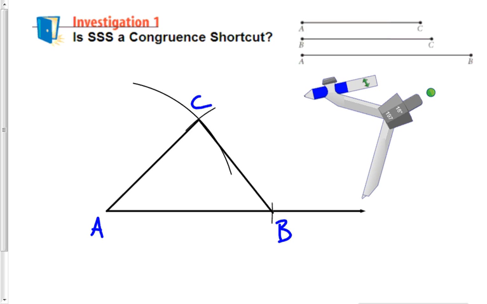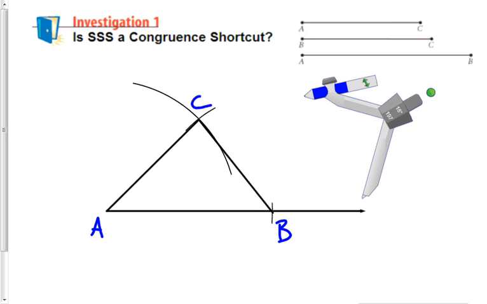Now the question that I have to ask myself is, with these three given segments, could I construct a triangle that is different from this triangle? Because if I could, then that means that having three congruent sides is not enough information to conclude that the triangles are congruent. If I can't, which in this case I can't, right?